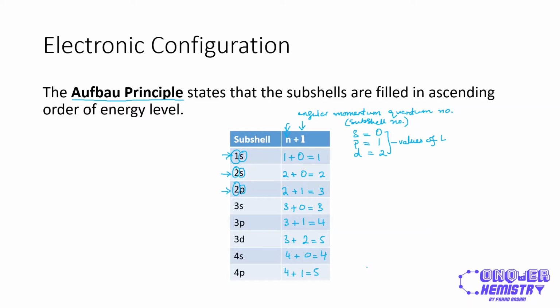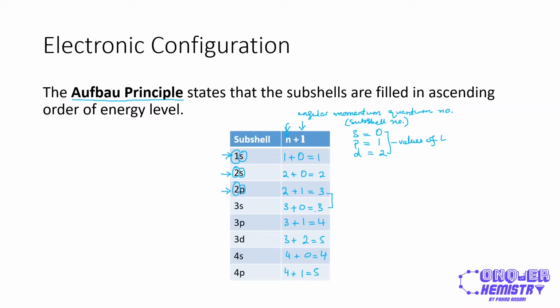All right. So now these sums give us a relative energy level idea. Now, the 1s subshell has the lowest energy level and it has the lowest sum. 2s then has the next lowest energy level and the next lowest sum, followed by 2p. Now 2p and 3s have the same sum.